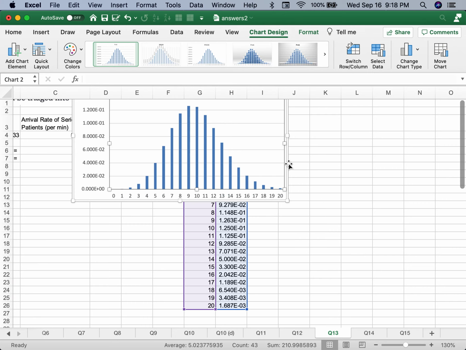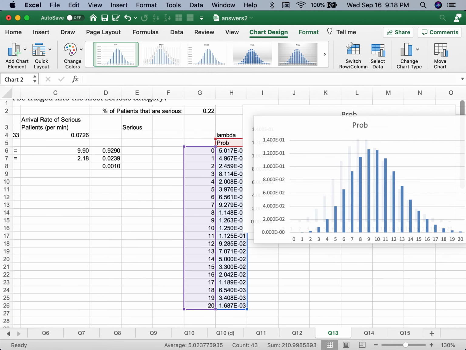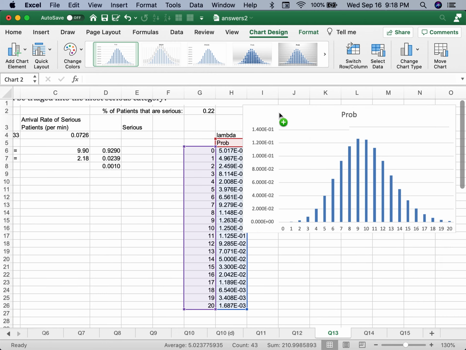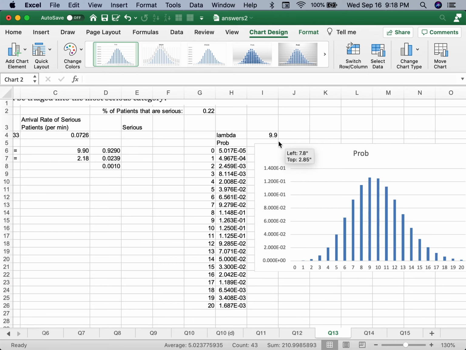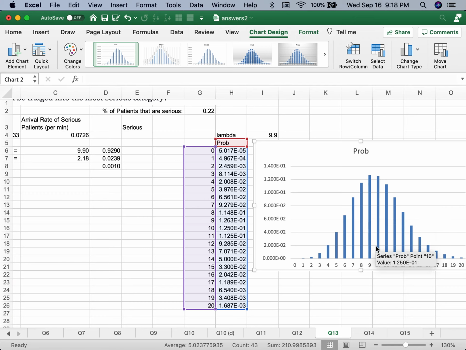So here's our probability distribution for this particular case. Notice that by selecting a title on the second column and the data labels in column G, I was able to get them down here without having to manually modify the data labels on the x-axis.